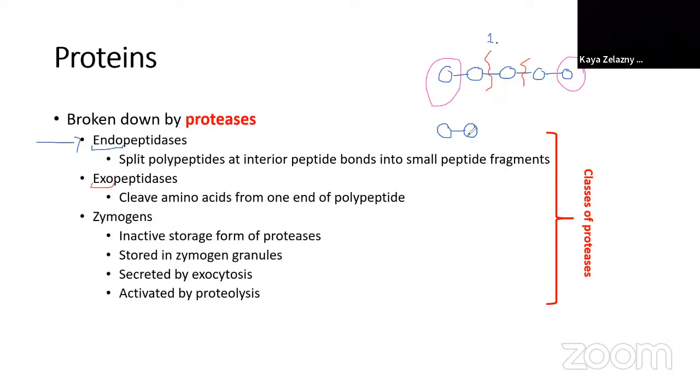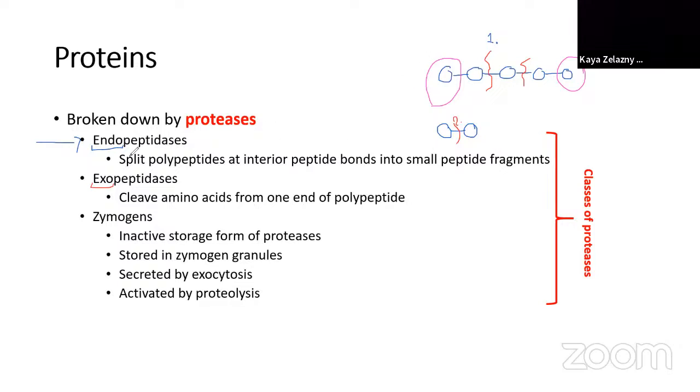And that means that both of these are kind of an end. So we can't have another endopeptidase work here. This is where our exopeptidase, step 2, would need to break off one end from the other.